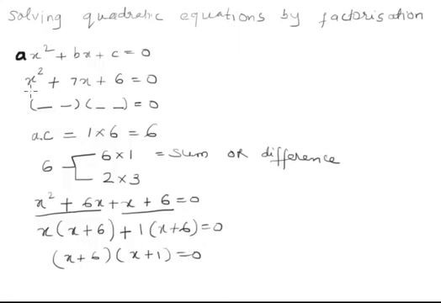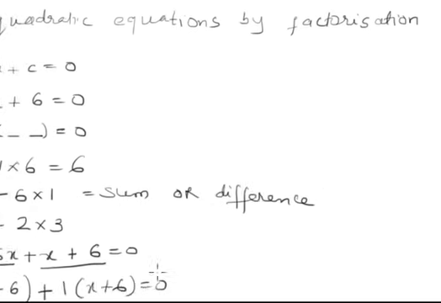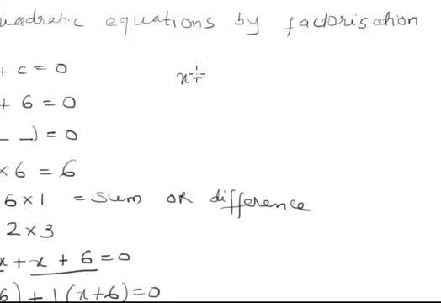Now x squared plus 7x plus 6 equals 0 has been converted to x plus 6 times x plus 1 equals 0. To calculate the values of x, if the product of these two terms is 0, it means either x plus 6 is 0 or x plus 1 is 0. If x plus 6 is 0, x equals minus 6, because 6 is positive and on the other side it becomes negative.